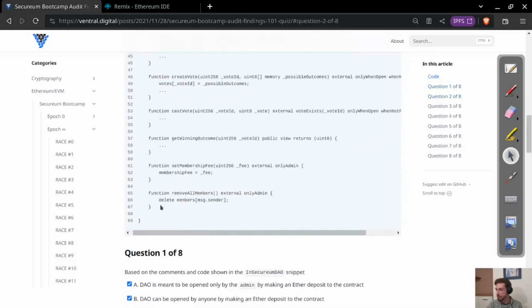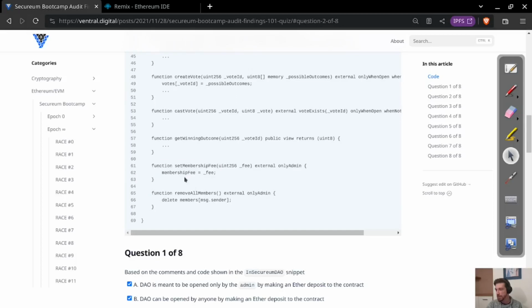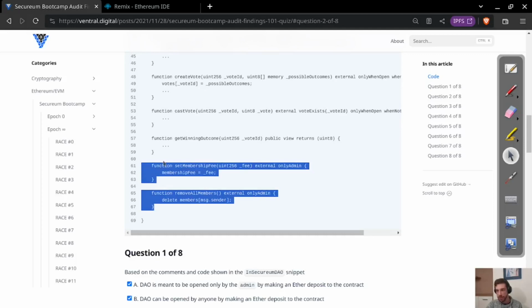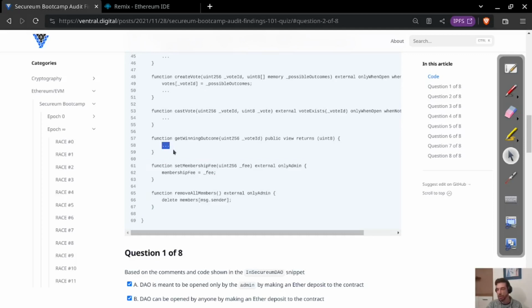For example, remove all members, set membership fee. We can see here that these two are definitely critical functions, and they do not emit any events. We also can't assume that those event emissions are just not shown here but are actually correctly implemented, which we would have to assume. There's no ellipsis here, so I don't think we should assume that. So indeed, we have critical functions that are privileged because they're admin only, that are missing an event emission.